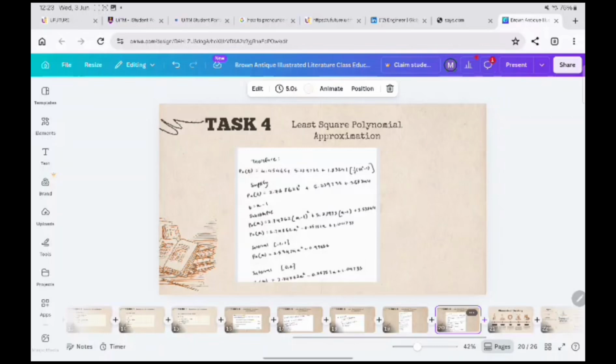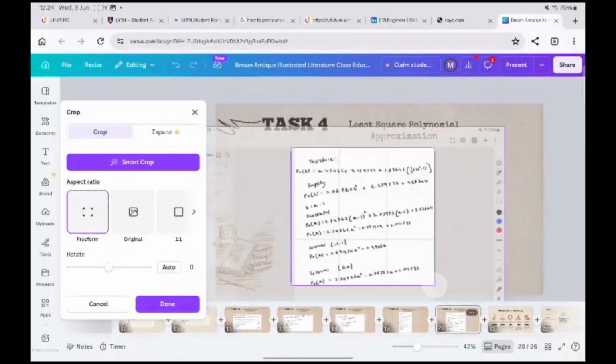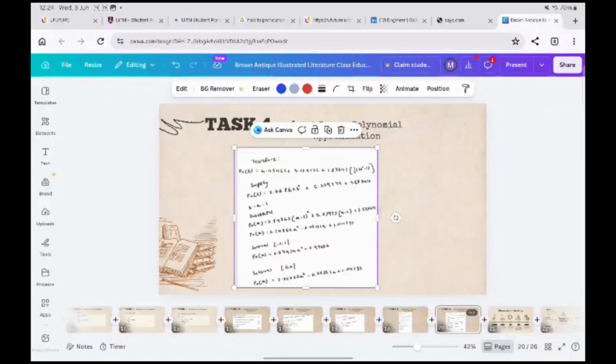And the conclusion: for the interval -1 to 1, the least squares polynomial approximation is P2(x) = 2.53474x squared plus 0.97659, and for interval 0 to 2, the least squares polynomial approximation is 2.74862x squared minus 0.25751x plus 1.04735.